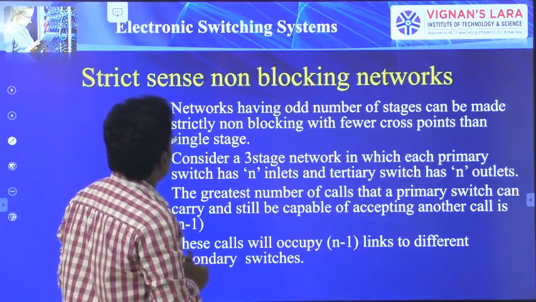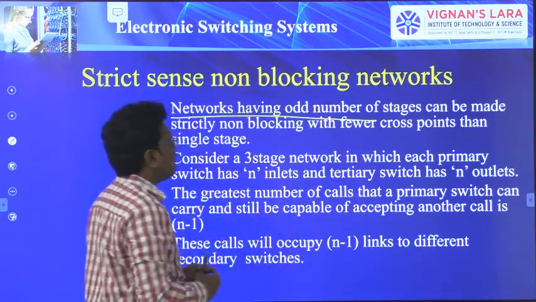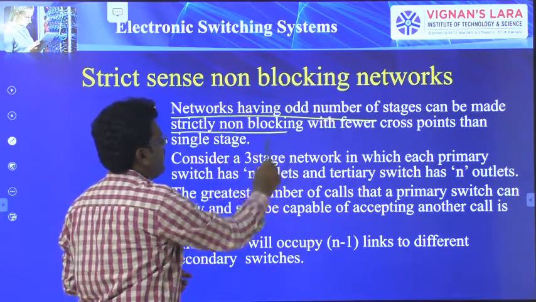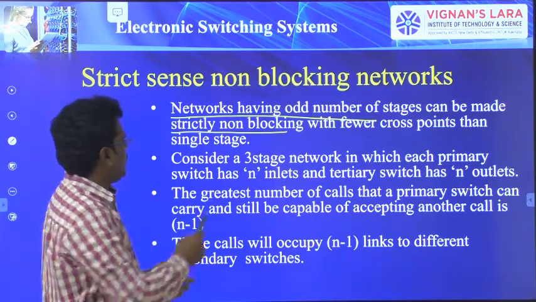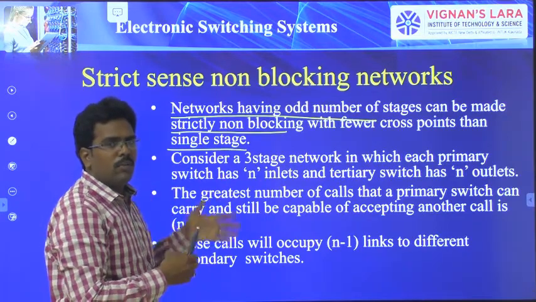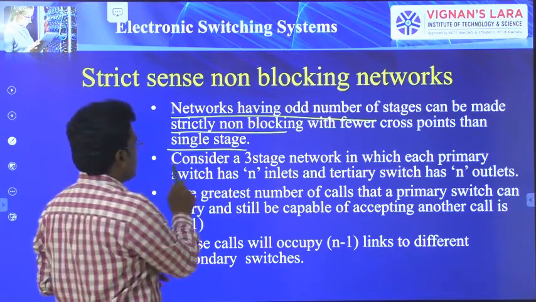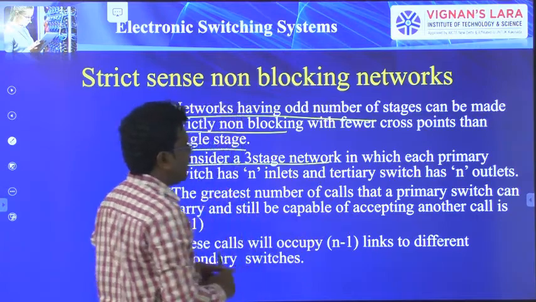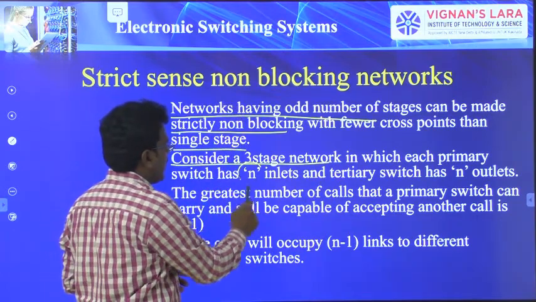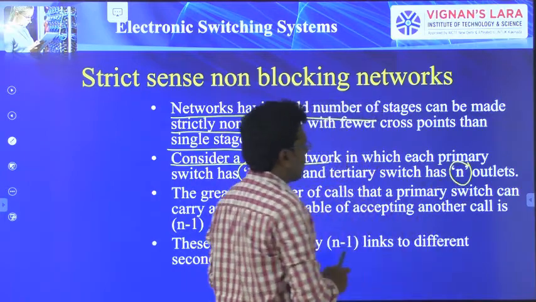And the next one is networks having an odd number of stages can be made strictly non-blocking with fewer cross points than single stages. So to prove this, we'll take a problem. We'll take a three-stage switch as an example. Consider a three-stage network in which each primary switch has n inlets and each ternary switch has n outlets.